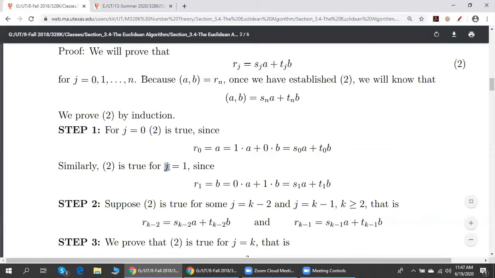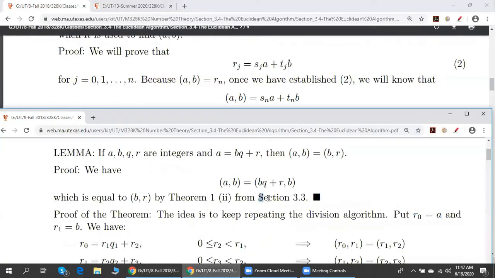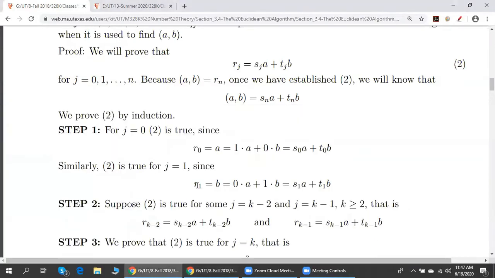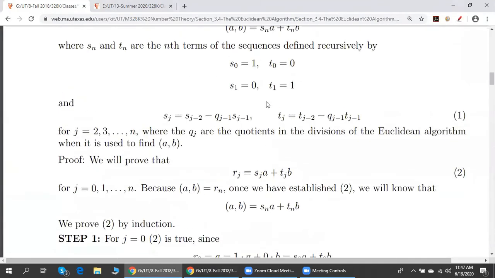Similarly, if j is equal to 1, the left-hand side becomes R1. But by Theorem 1, R1 is equal to B. So we replace R1 by B. Next, B is equal to 0 times A, which is 0, plus 1 times B, which is B. 0 plus B is equal to B. Lastly, 0, according to what is written here, is equal to S1.